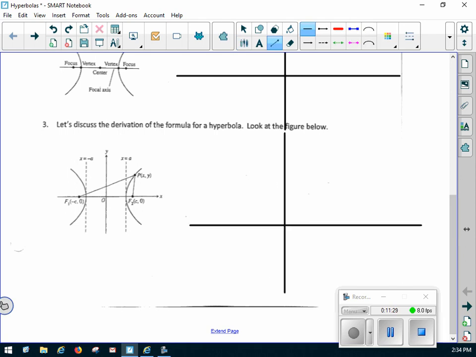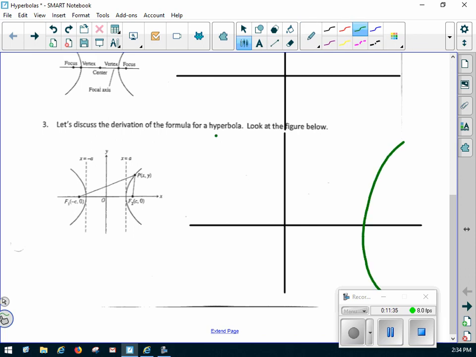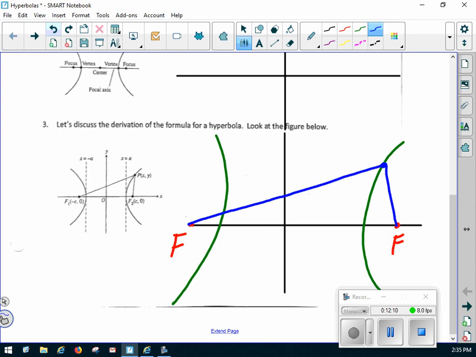I'll draw this bigger, Cameron. All right. If I draw a hyperbola, and I put a focus right here and a focus right here, I'm going to put a point on my hyperbola. I'm trying to draw a line between that point and each focus.